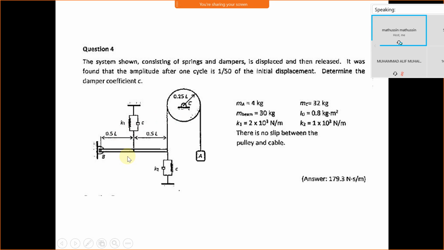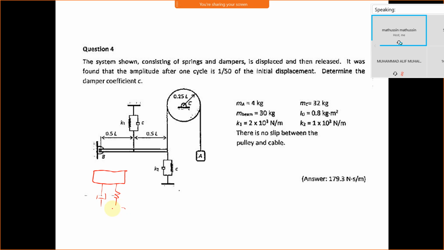Okay, so apa yang kita akan buat adalah biasa kita akan guna kaedah equivalent method, which is we need to simplify our system, just simplify it in terms of a single value.